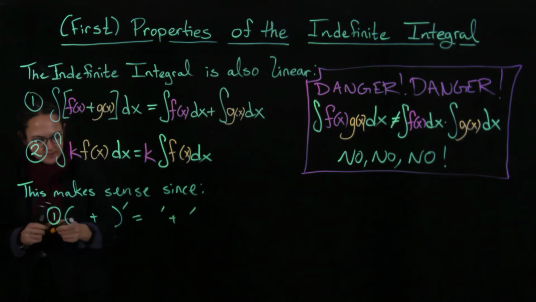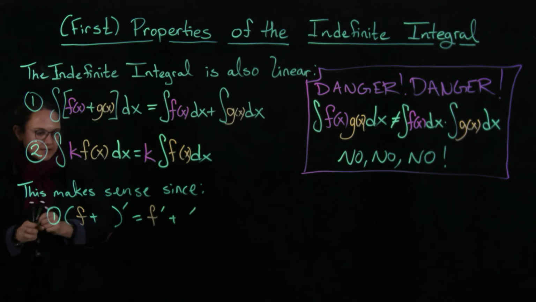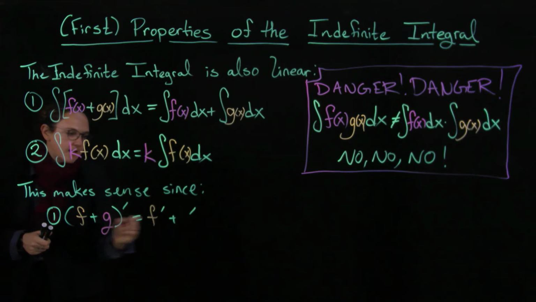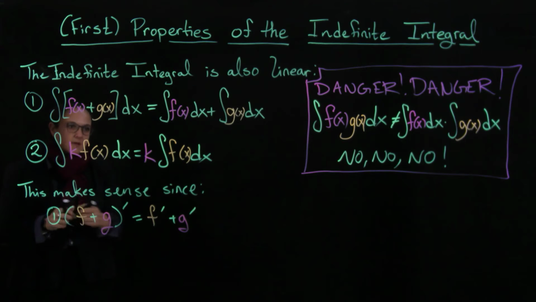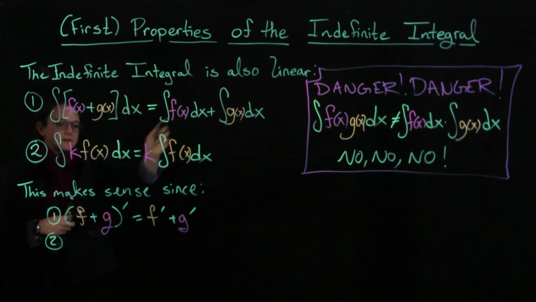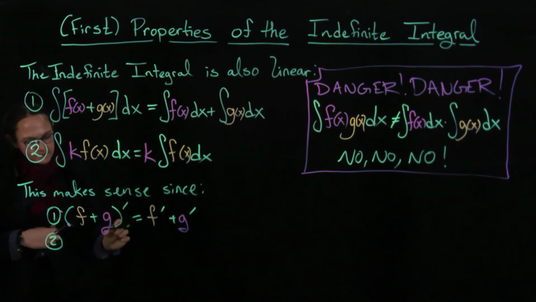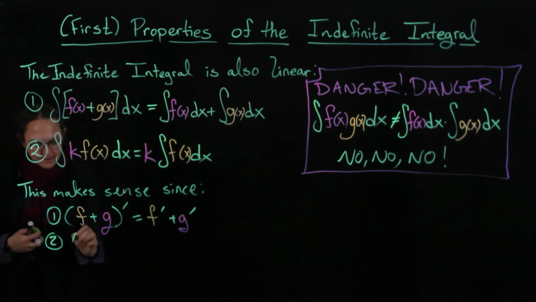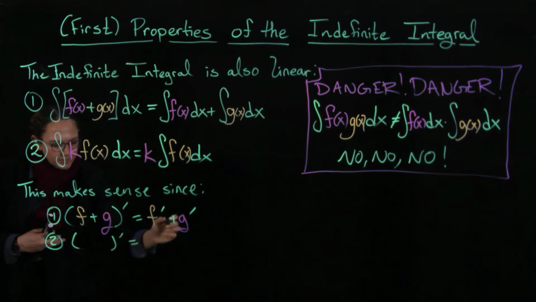If this was f and g, I could add them like that and then do the derivatives. That would be okay. That's why you would end up with this, and it also followed through with the antiderivatives. And then if I had this constant in front, I was going to be able to pull that out.